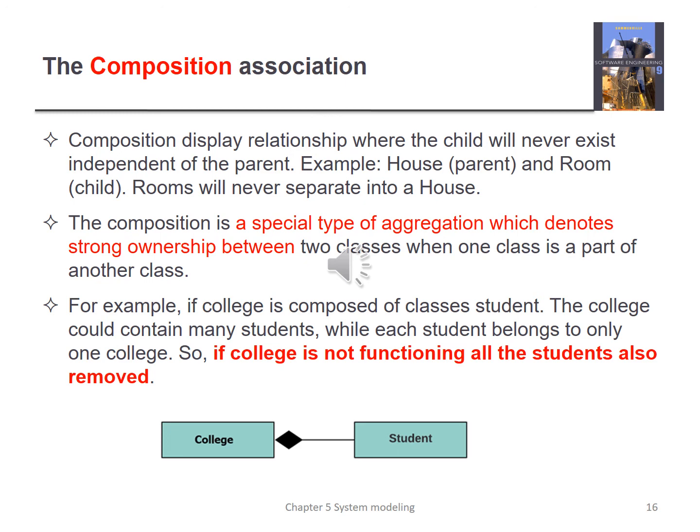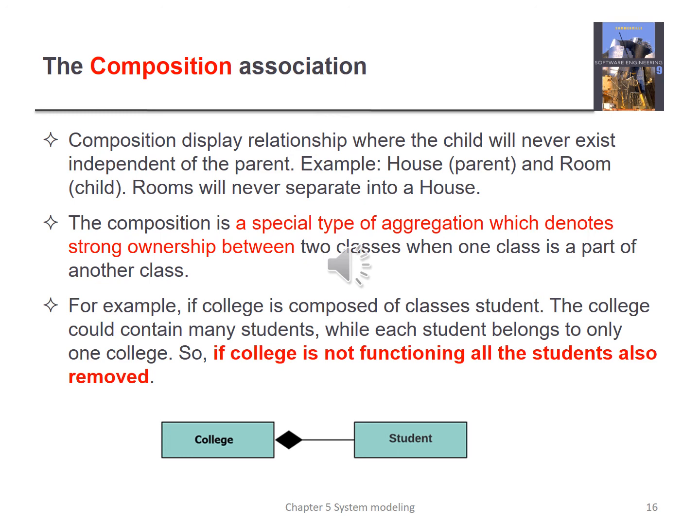Composition displays a relationship where the child will never exist independent of the parent. Example, house is a parent class and room is a child. A room will never exist separate from a house. This means you cannot have a room without having a house.